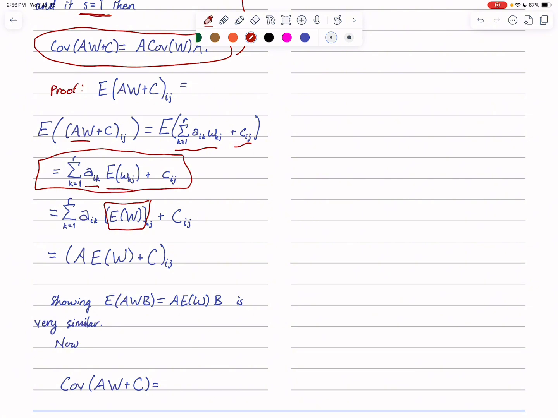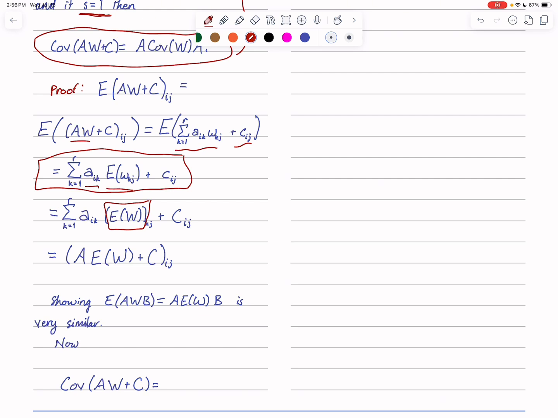Again, it's this trivial move that I'm somewhat over-explaining because we're just getting used to this stuff. But this idea that the expected value of a matrix of random variables is equal to the matrix of expected values is the interchange that I'm doing in this move here.